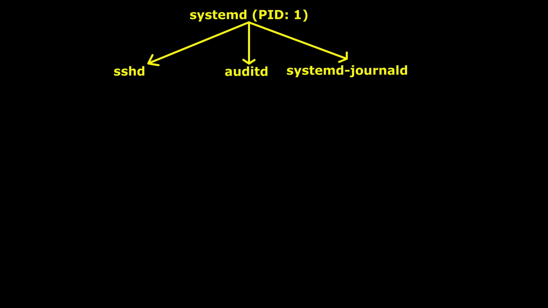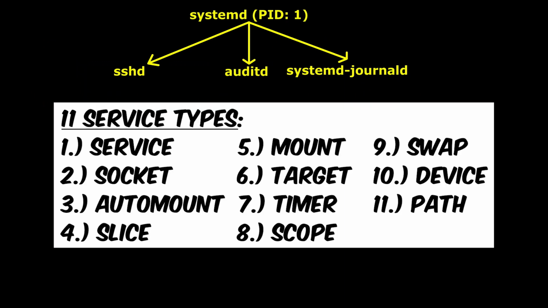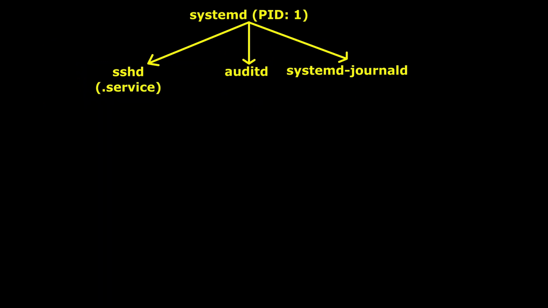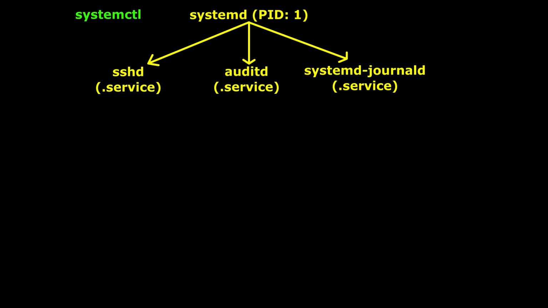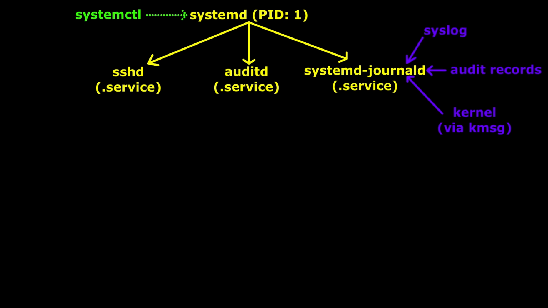These services are defined through system units, and there are a total of 11 types. But these 3 that you see here are actually service units. Now to view and manage system units, we use the command systemctl. Now through systemd-journald, several processes and applications send journal log entries, like kernel messages, audit records, system log, the logger command, and so on.